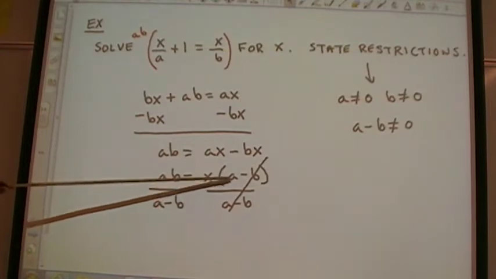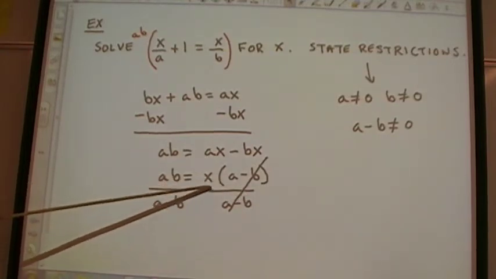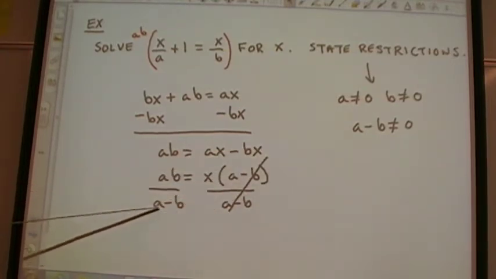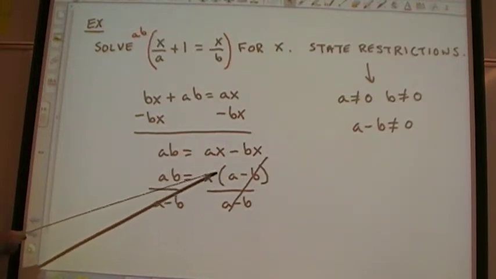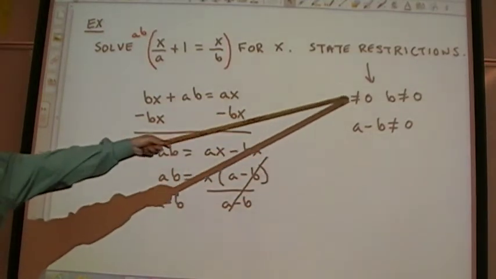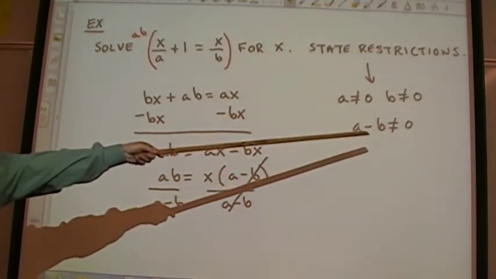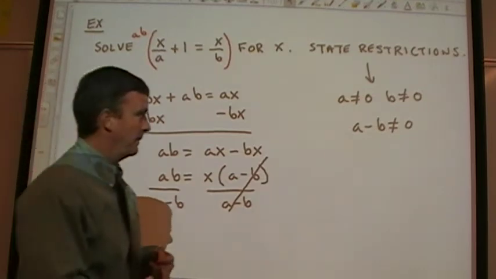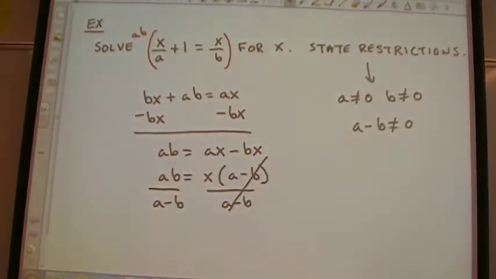So I'm left with a minus b, and then to solve for x, I just divide both sides by a minus b. So that's how I get my final answer. X equals ab over a minus b, and here are your three restrictions. Okay. Next.